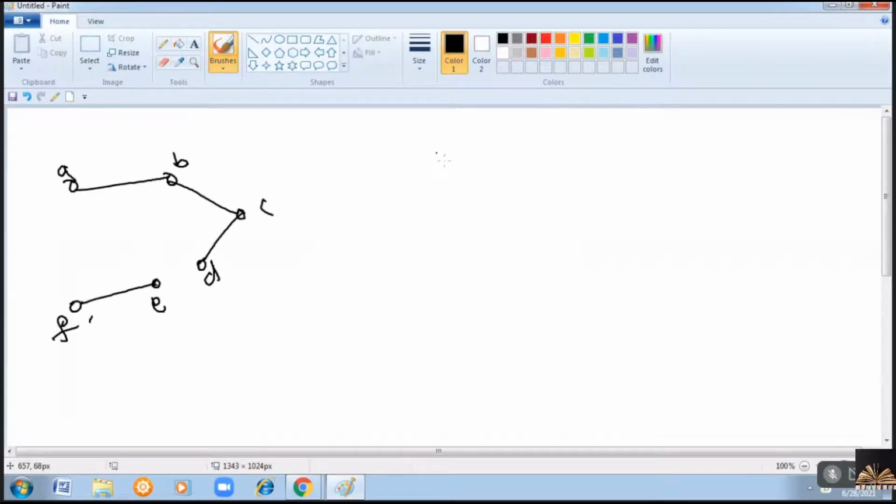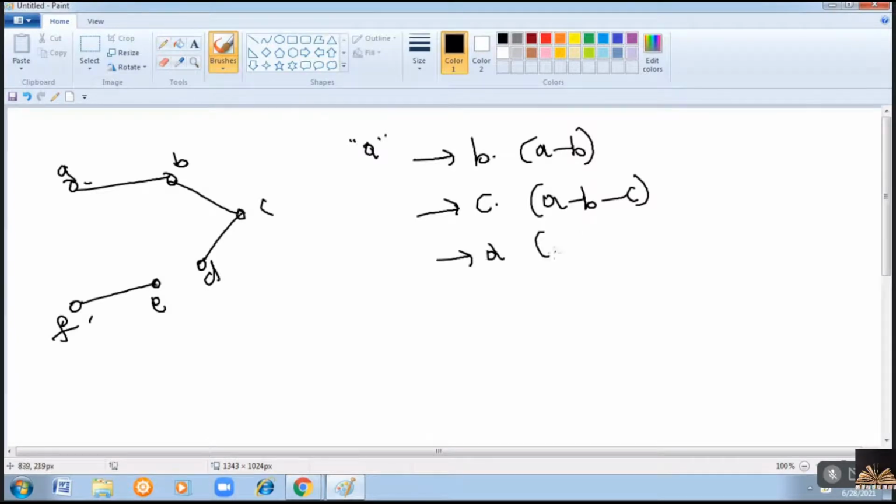Now consider vertex A. Tell me, from this vertex A, which are reachable? Can I reach B from vertex A? Yes, using the A to B edge. Now, can I reach C? Yes, from A to B, B to C, which is a path. You can also reach D from A to B, B to C, C to D, which is again a path. If there exists a path from vertex A to D, then you can say that D is reachable from A. Now consider the vertex E. Can I reach E from A?